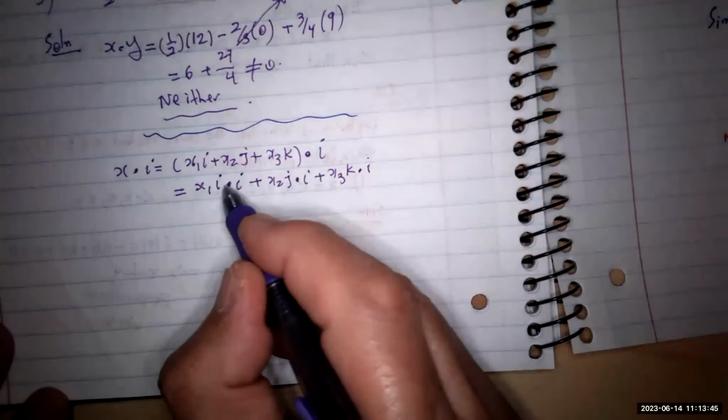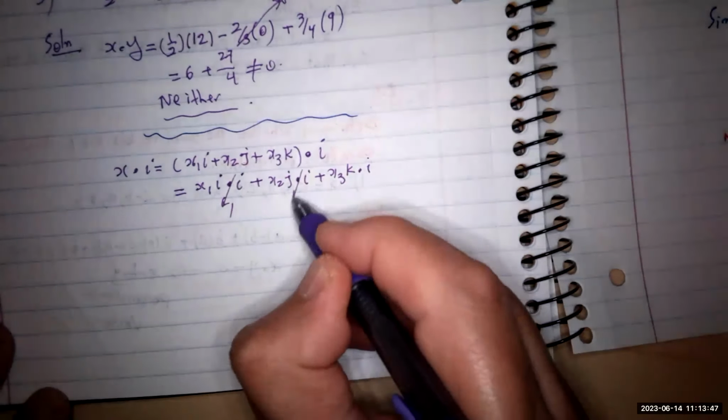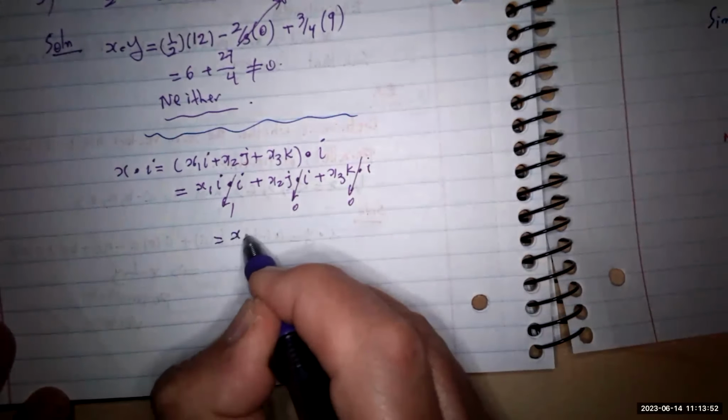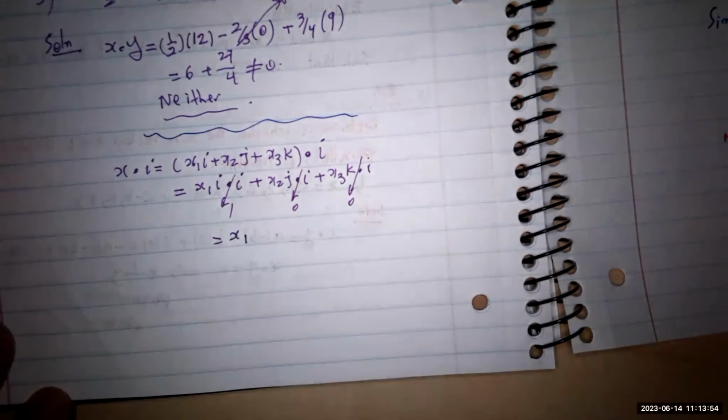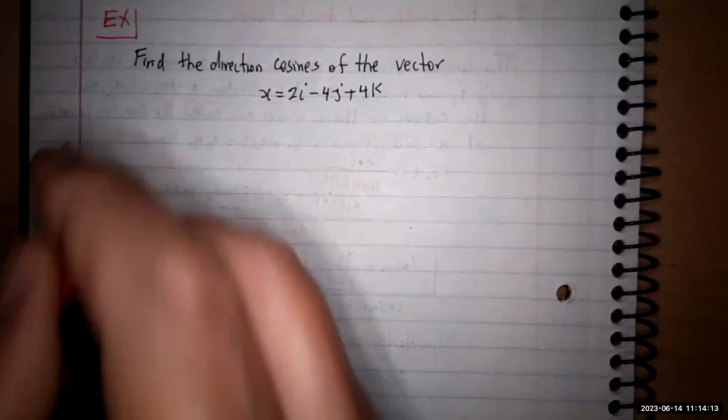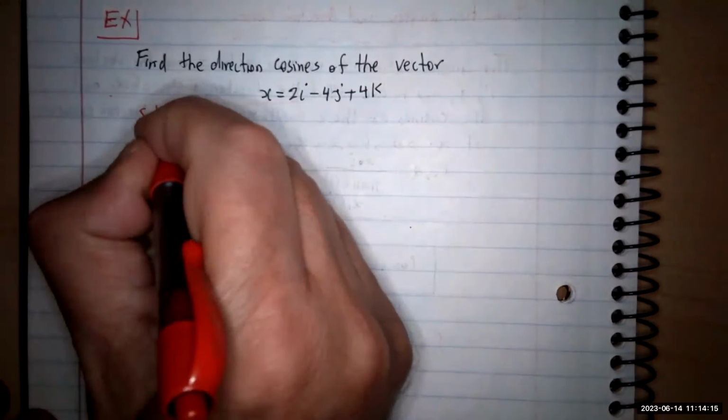Okay, and you know that this is equal to 1, and this is equal to 0, and this is 0. So the result would be just x1. Okay, so let's go back, and over here it's just a standard formula substitution to get the solution.